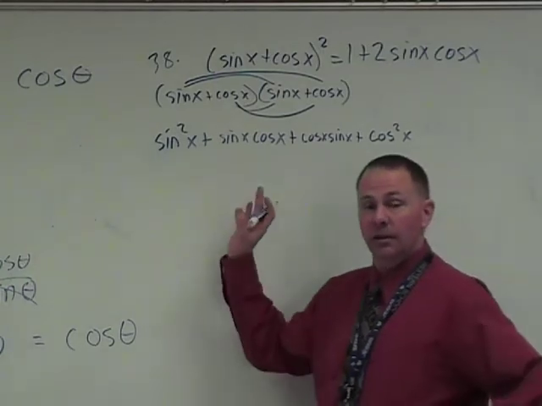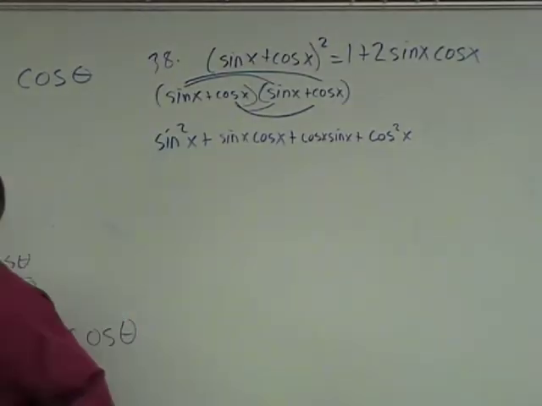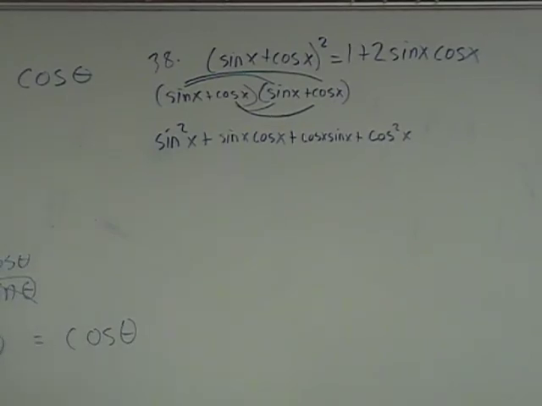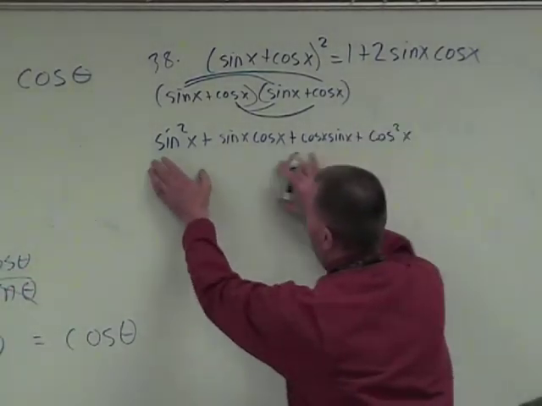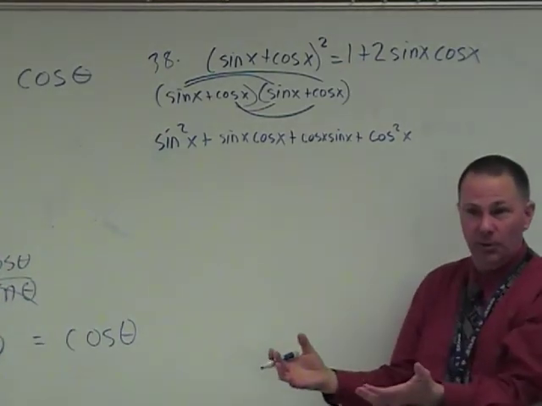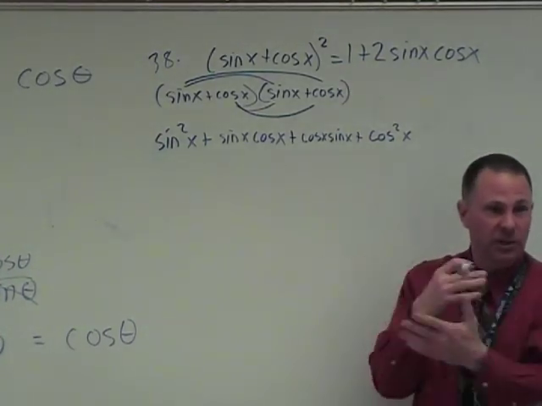Now, do you notice an identity anywhere in that? Do you have a sine squared plus cosine squared? Can I put this over here? Commutative property of addition? I can change things around.